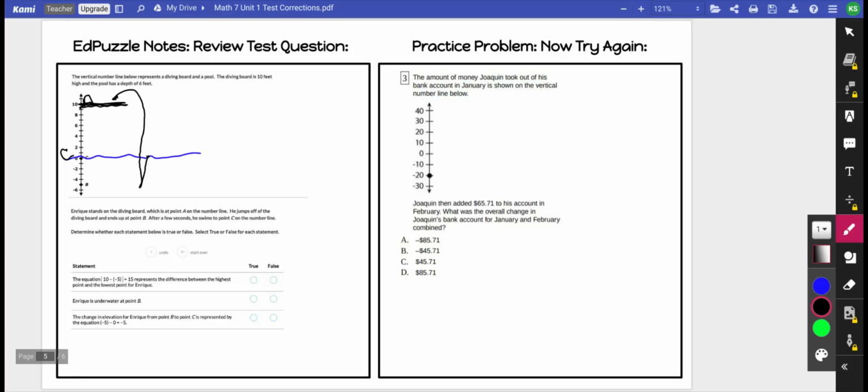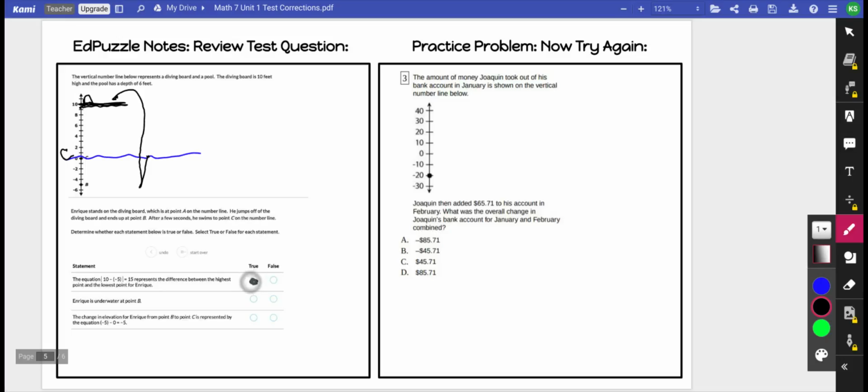Yes, because he went underwater, but then that's where he stopped. He stopped 5 feet below the surface. So the absolute value is 15 feet because that's how much he traveled. Even though he traveled below the water, he still traveled 15 feet. That is true.